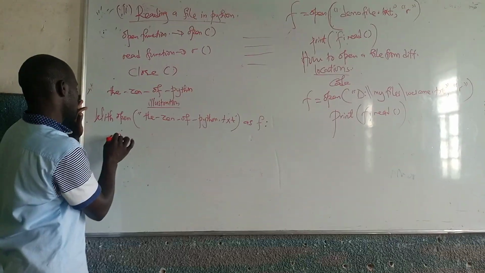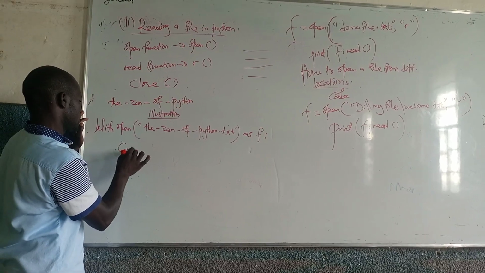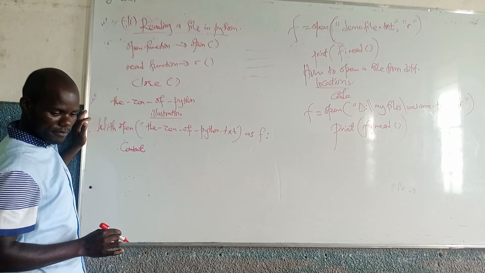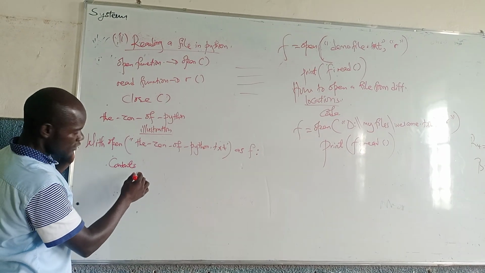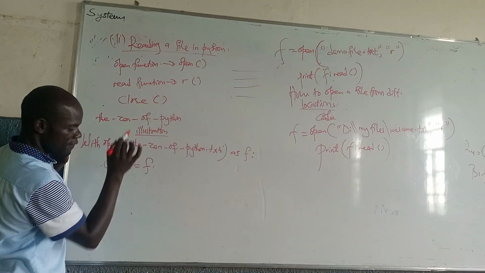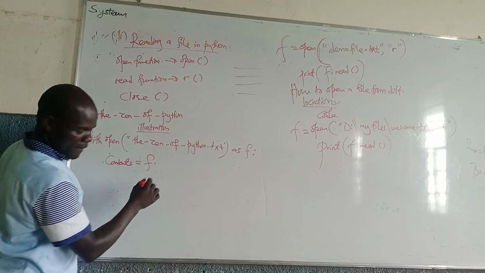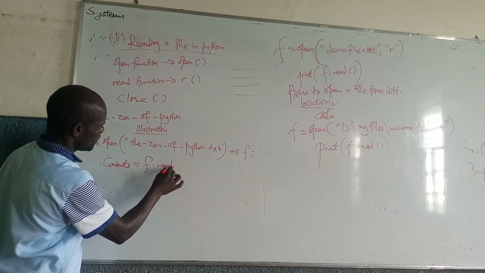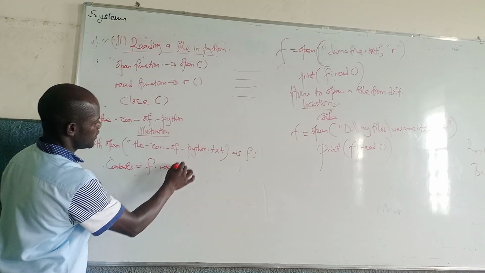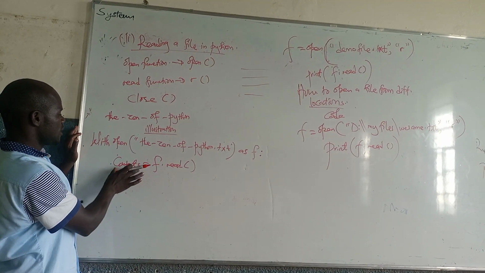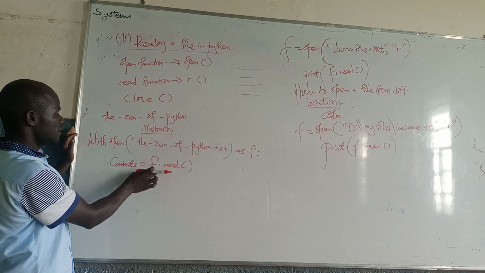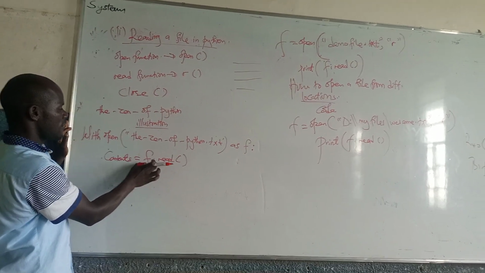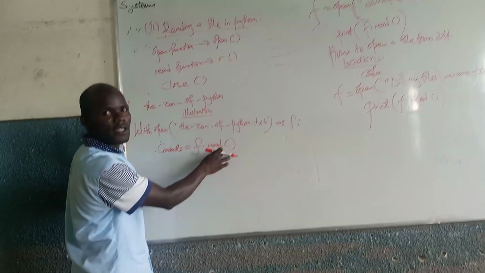Then type here contents equals f dot read. Use contents as a demo: contents equals f or file dot read.